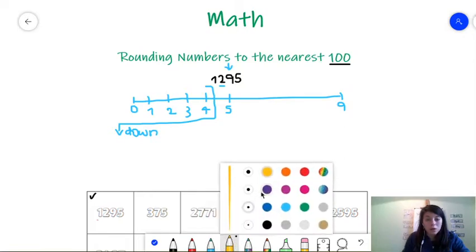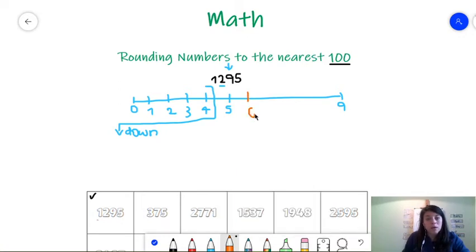We also learned, let's put in a different color, that anything from 5, 6, 7, 8, and 9 is rounded up. Okay? So what do we do when we round numbers to the nearest 100? Okay, we identify where our hundreds is, but we're really paying attention to the number on its right. Okay? Why? Because the number on its right, if it's from 5 to 9, it rounds up the entire number on the left.